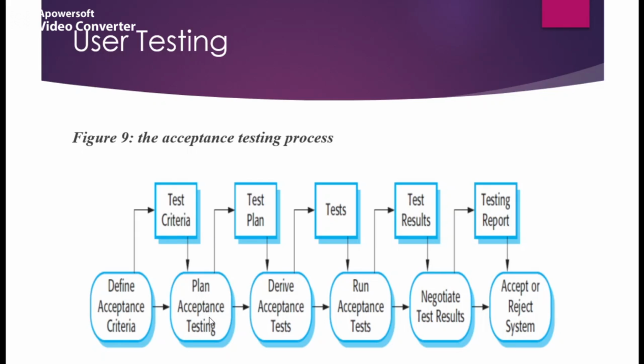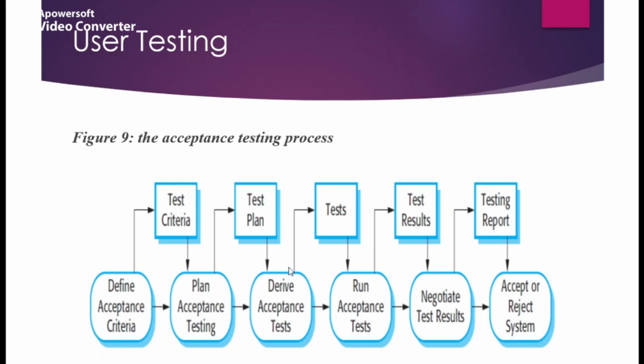Then you have to plan the acceptance testing. Based on that test criteria, you plan for acceptance testing. So now you have to design a test plan, and then derive the acceptance tests.